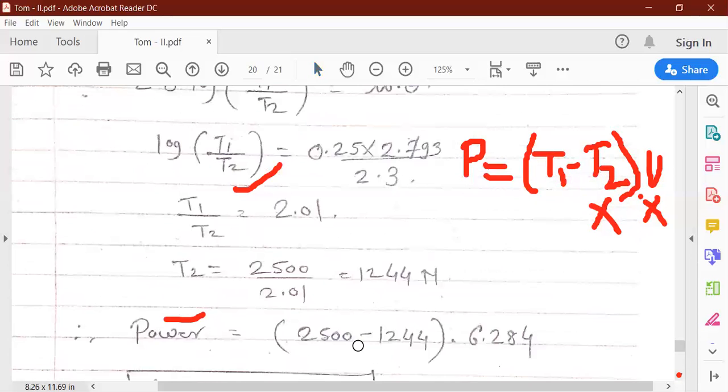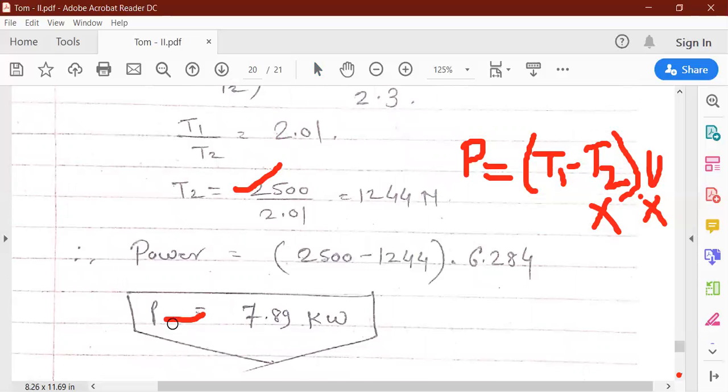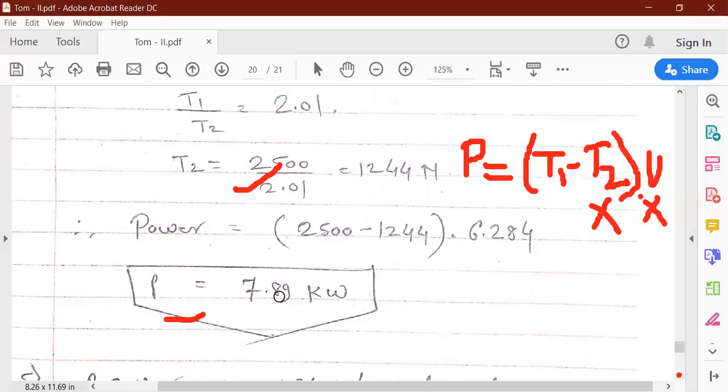So we get the value of T2 and V. Put in the equation: power is equal to (T1 minus T2) into V. T1 is 2500 Newton, T2 is 1244 Newton, and V is 6.284. So we will get this value as 7890 watt, but here we use kilowatt, so that's why 7.89 kilowatt.